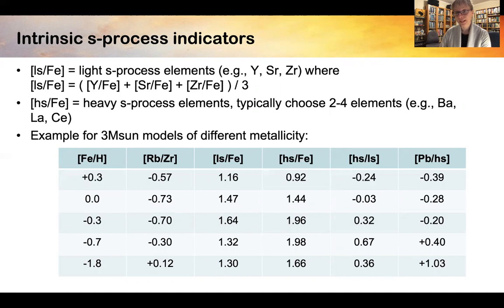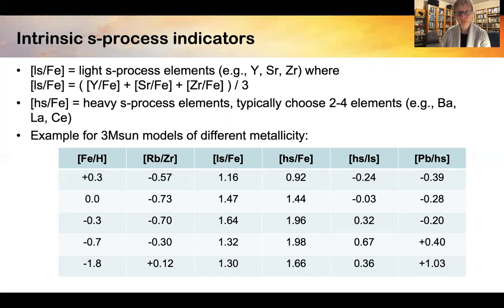Then you'll notice that HS to LS also turns over at about -0.7. But the lead peak only goes up. That's because at the lowest metallicity, -1.8, we're operating the s-process closer to an equilibrium, so we're making primarily lead out of this star. This is something that Roberto Gallino found in 1998 in his theoretical models.